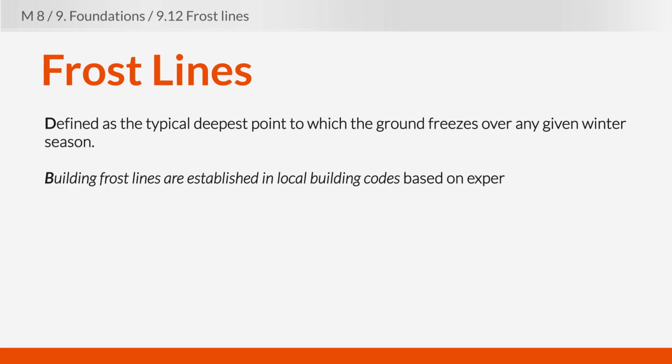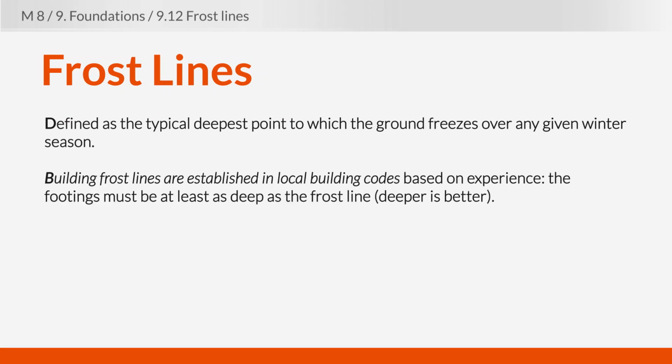Building frost lines are established in local building codes based on experience and historical data. And the footings have to be at least as deep as the frost line. Really, going a foot or two below the accepted frost line is better practice, just in case you have those extended winter conditions where it's below zero for 2 or 3 weeks at a time, and the frost gets driven below the given frost line.